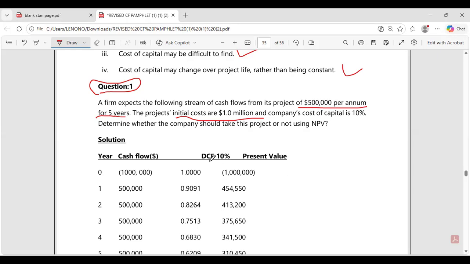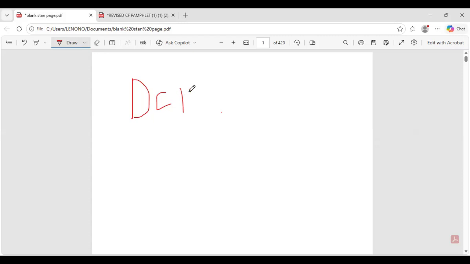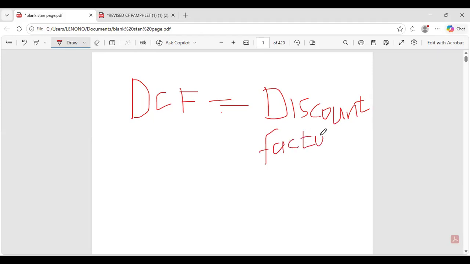Okay, so DCF means discount factor. When you come across the DCF, what does DCF mean? Discount cash flow factor. It is a discount factor. All right, so how do you get the discount factor? You would say just 1 plus r to the power negative n.